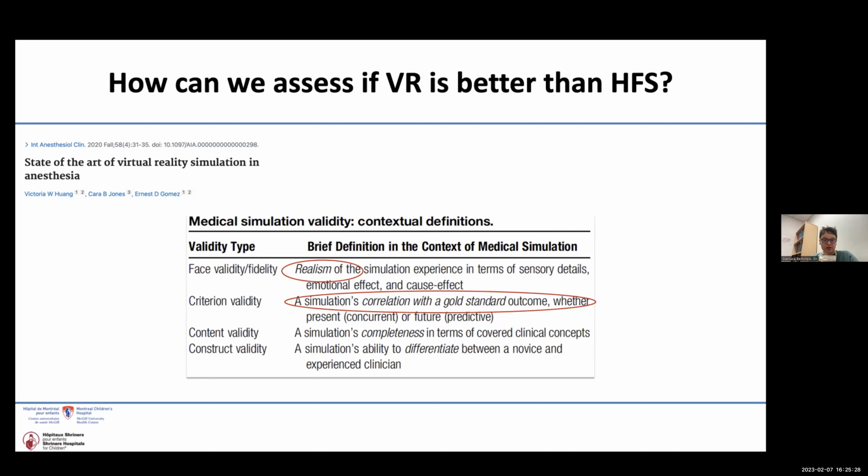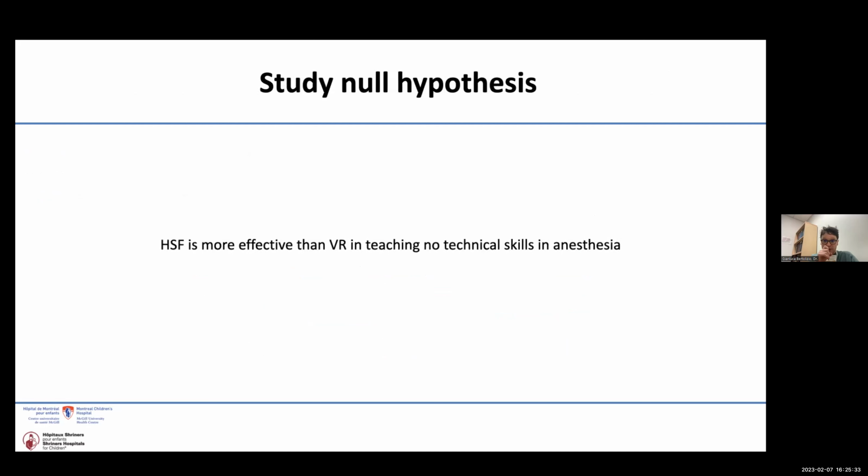In our case, the gold standard is the mannequin-based simulation. So the hypothesis of my study is that there is no difference between VR and mannequin-based simulation in terms of quality of training, which means that the null hypothesis of my study is that the high fidelity simulation is actually superior to the VR. I apologize for the misspelling.